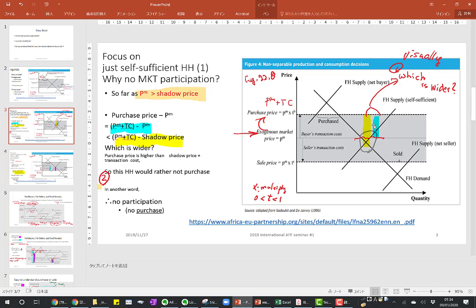And the purchase price is shown by this one. Purchase price is a little bit higher than market price.